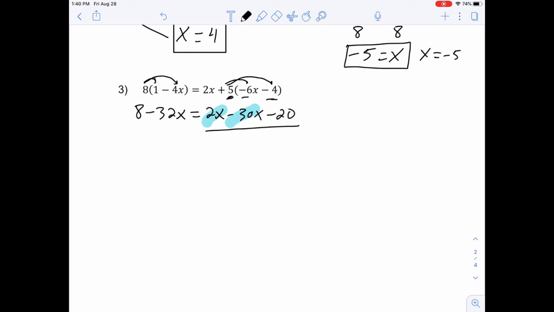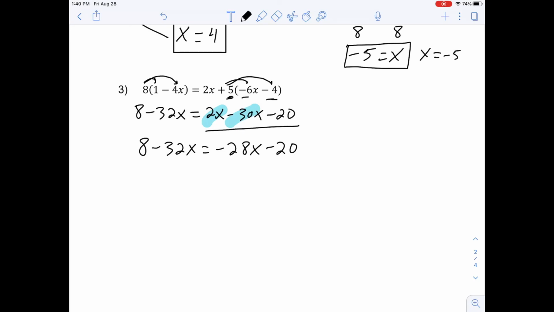But you can't do that if they're on opposite sides. That's when you have to do the opposite operation to move it over. So if you had addition, you would subtract it to move it over to the other side. So I can go ahead and combine the like terms, 2x minus 30x is negative 28x, and then minus 20.